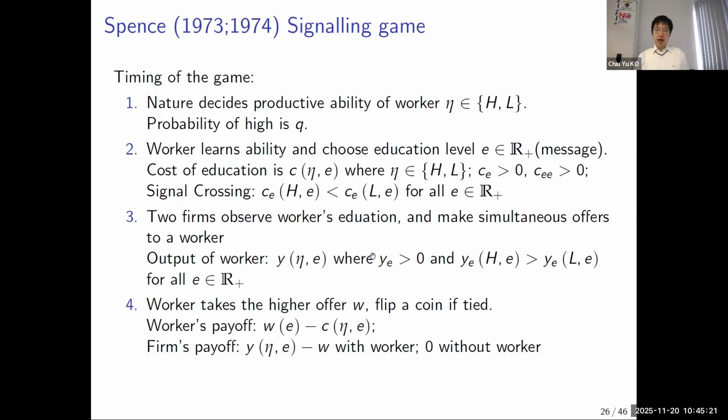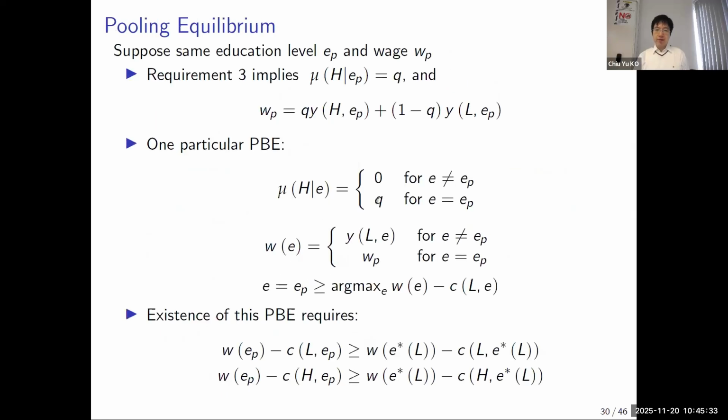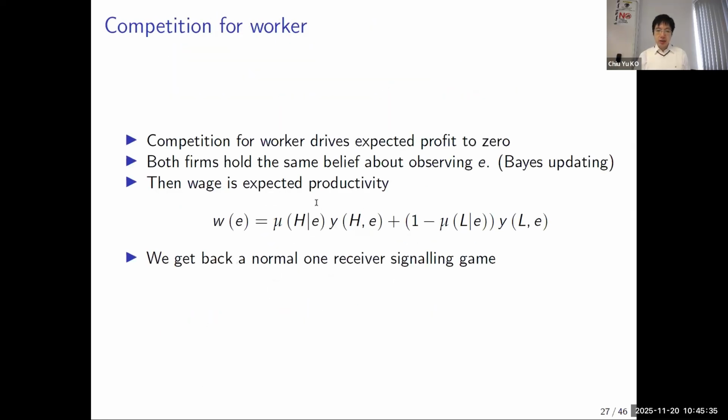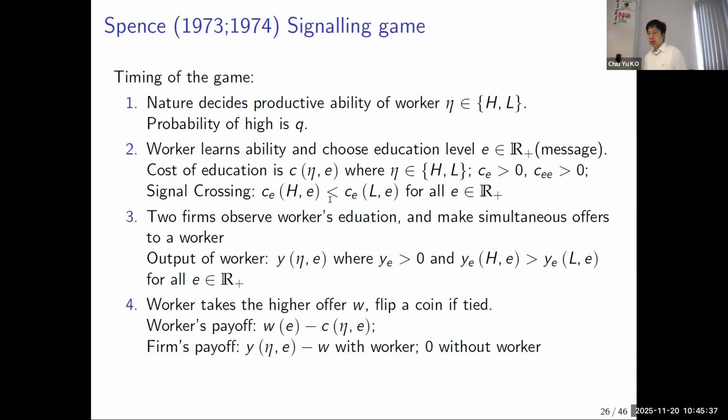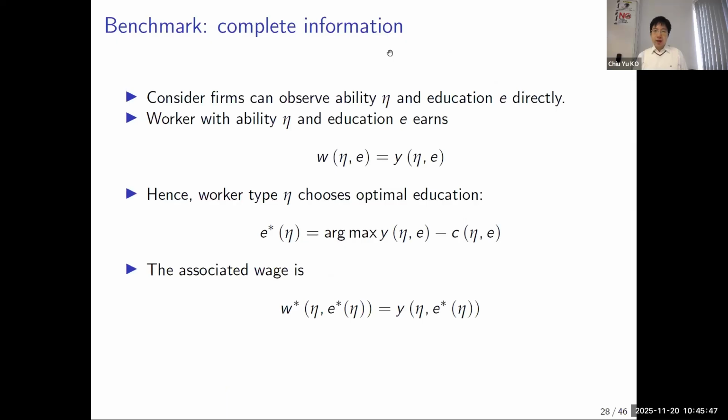Now, second would be why you have this indifference curve, and why I draw it in a way that when they cut, it looks like this. It comes from the idea we call single crossing: the cost of having education is lower for the high type. Let's look at the indifference curve first.